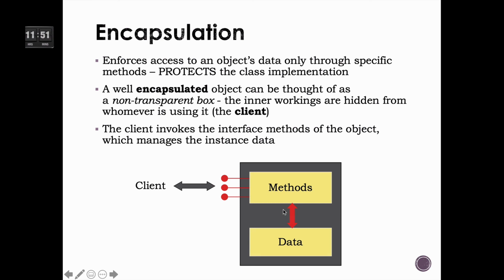If the only thing we allow, let's say, through our methods is to roll a die, the client can only roll a die, cannot go and change the value instantly to the value that it likes. So that's the idea of encapsulation. It enforces access to an object's data only through specific methods that the class has defined. So it protects the class implementation.